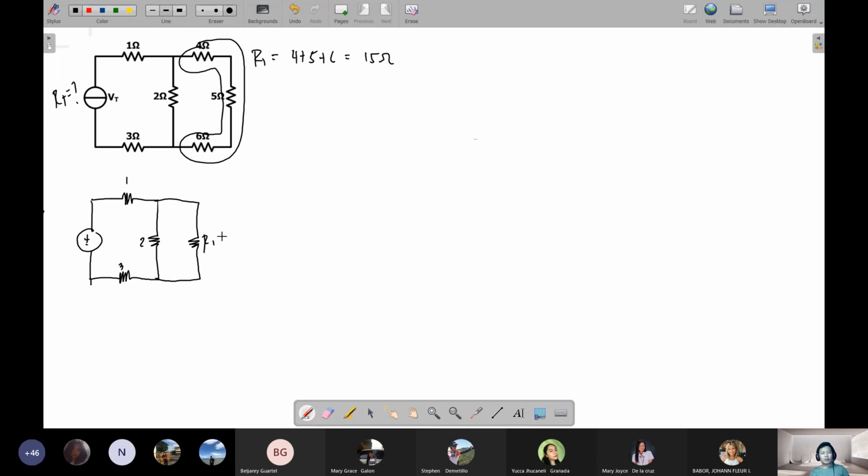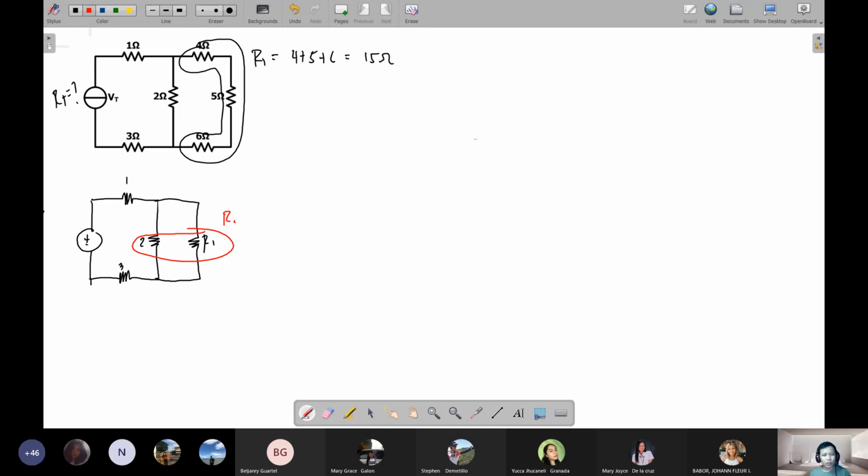Next, what are you going to do? Look again: is there a series or a parallel? As you can see here, the 2 ohm resistor and R1 are in parallel. That will be your next target. Let's call this R2.